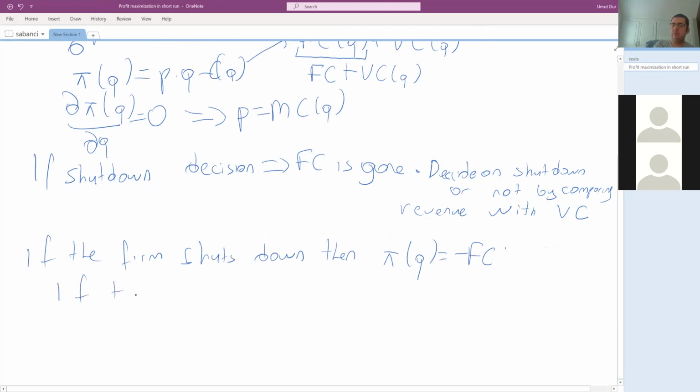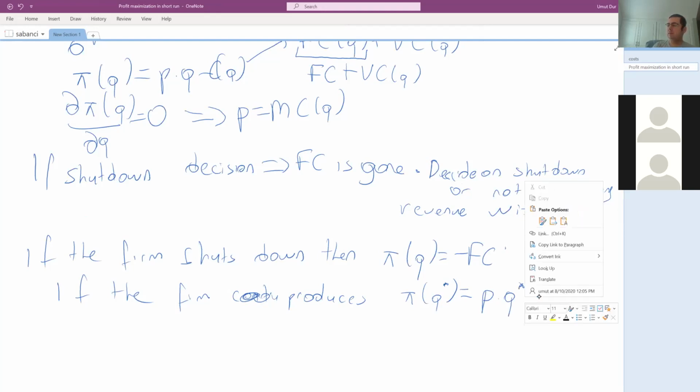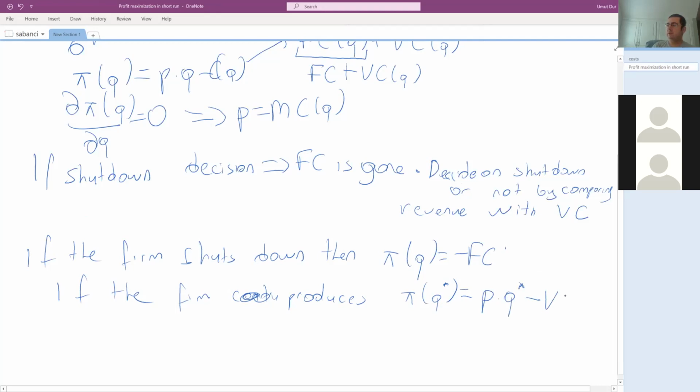If the firm continues to produce, if the firm produces, then the profit is basically, we determine an optimum level of the output here, Q star, will be P times Q star minus variable cost at Q star minus fixed cost.